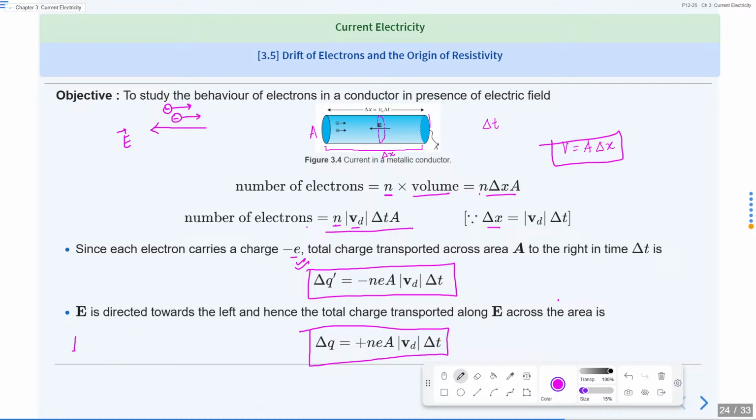Now if we want to find the current, what is current? That is delta Q by delta T. From here we can write delta Q equal to I delta T. So this expression can be modified to I delta T equal to n e A Vd delta T. Delta T and delta T cancel out and we get I equal to n e A Vd.